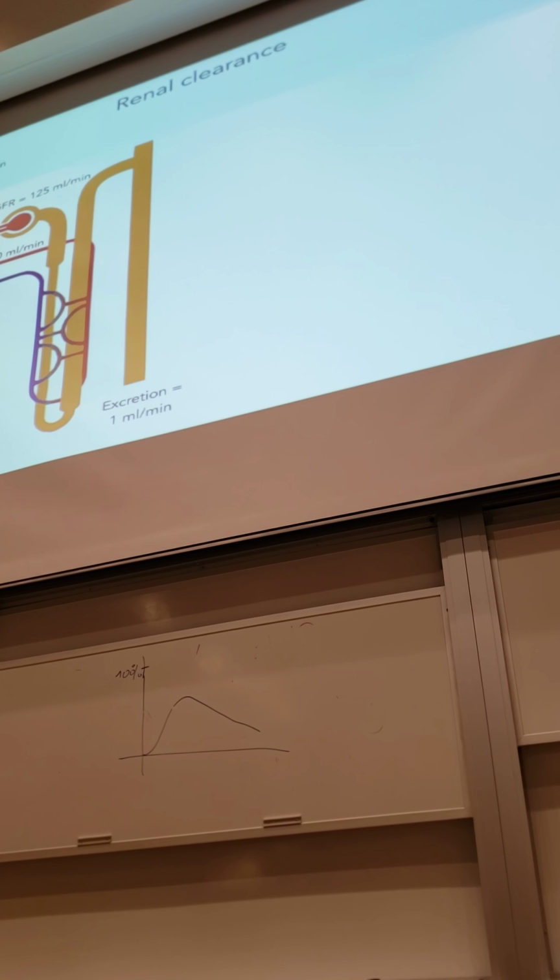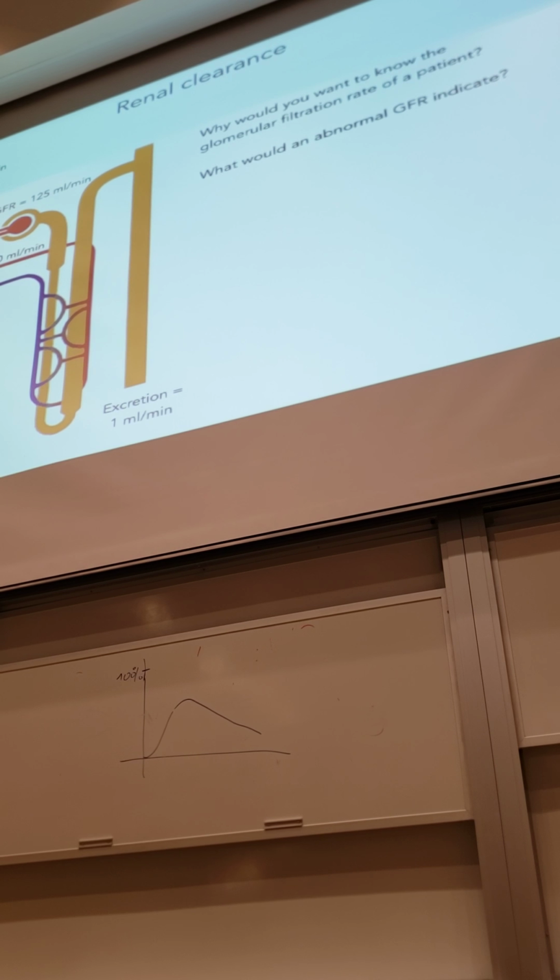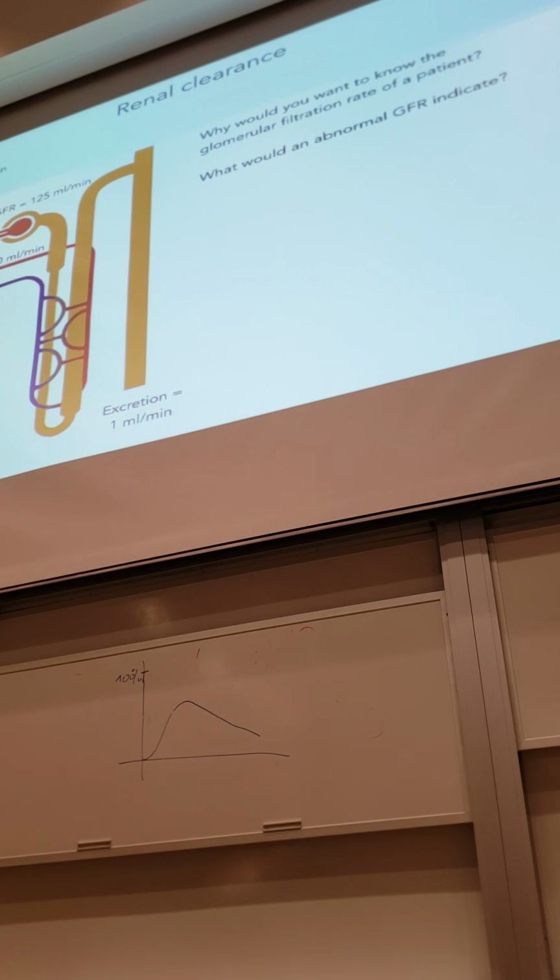No. Okay. All right. So we can determine the GFR of a patient if we have a substance that follows these rules that we talked about, right? So if we have a substance that is filtered out the glomerulus, but then we don't modify it any further.